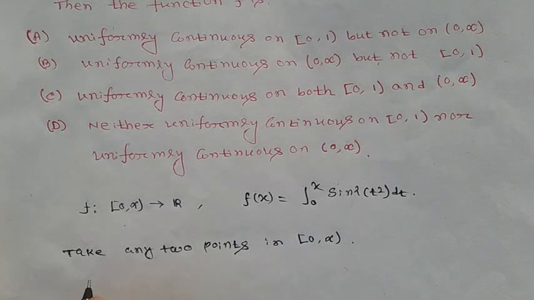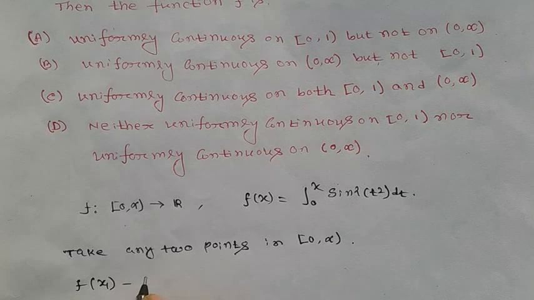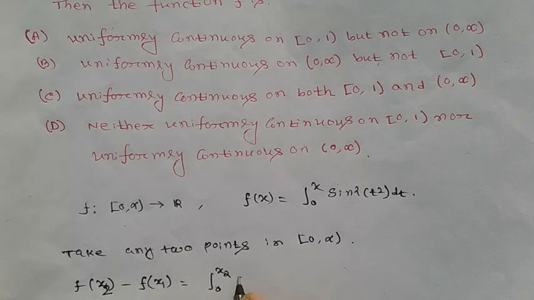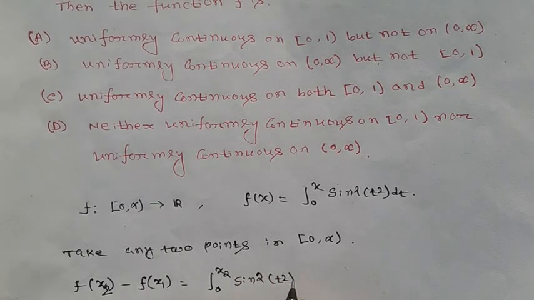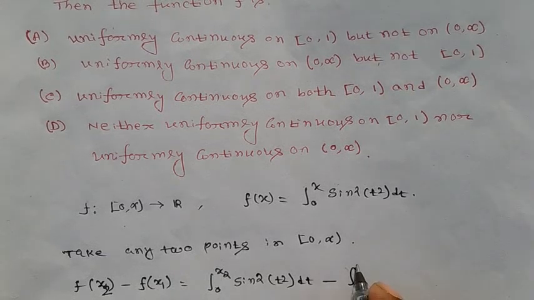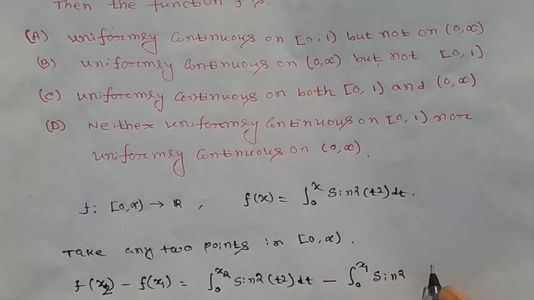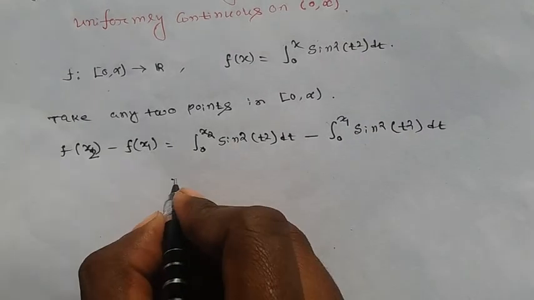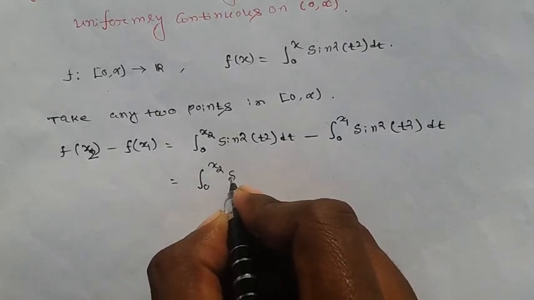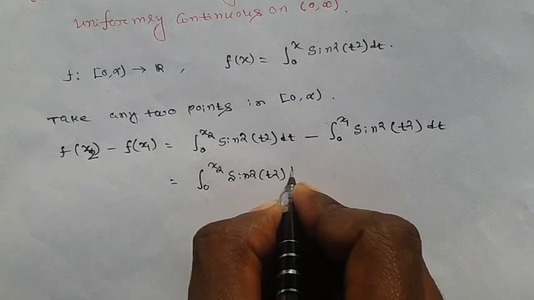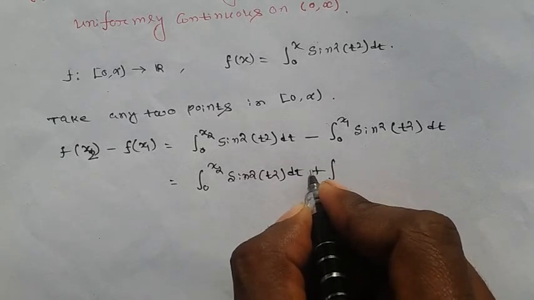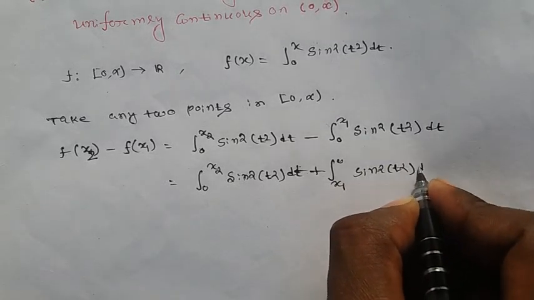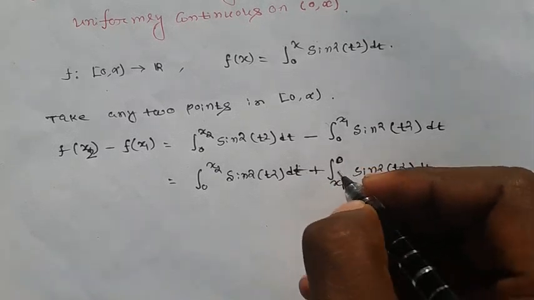Then f of x2 minus f of x1 is equal to the integral from 0 to x2 of sin square t square dt plus the integral from 0 to x1 of sin square t square dt. We just change the lower and upper limit.